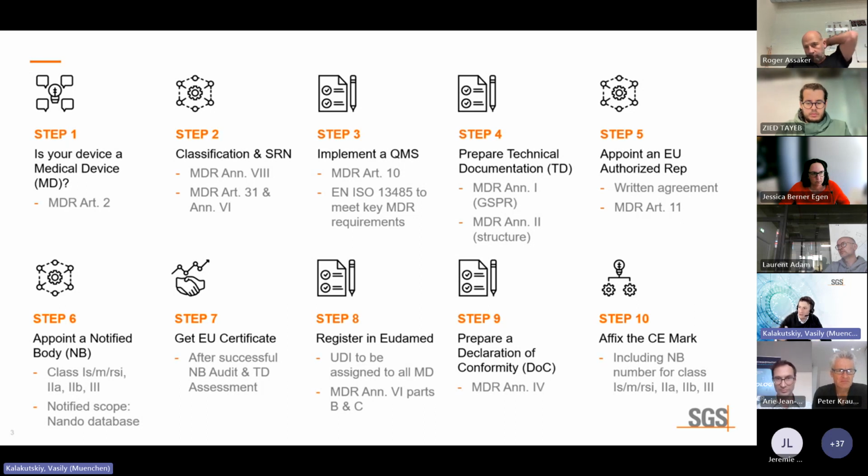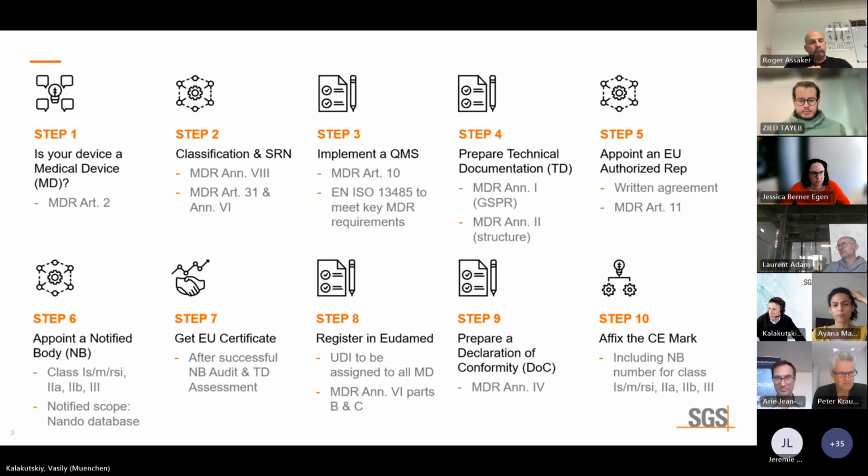So the ISO 13485 certification is not mandatory, but it's good to have it. It's not a recommendation from the audit, it's just good practice for everyone. So my answer is step 3.